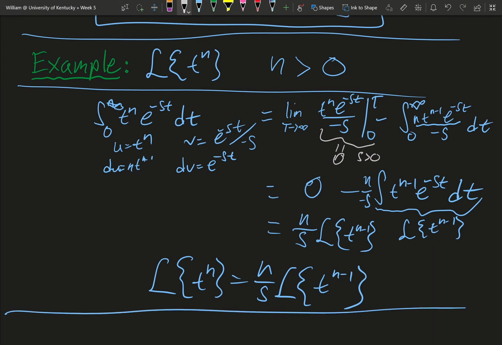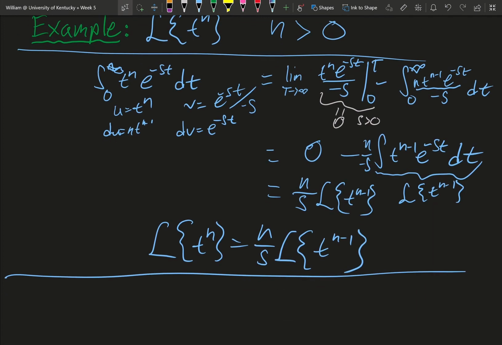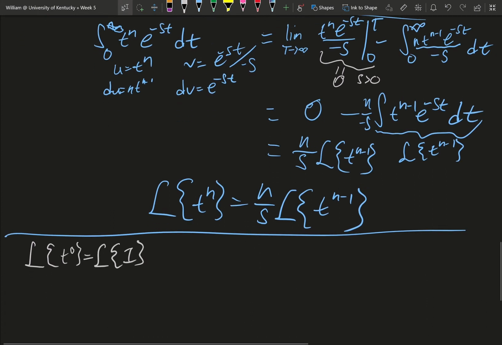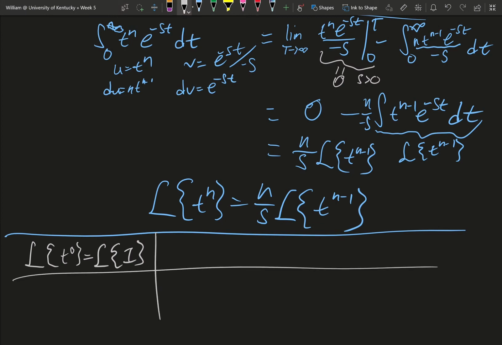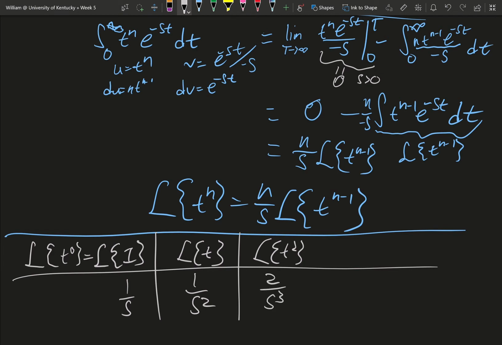Okay, so we already know a couple examples of this. Just as a separate case, if we have t to the 0th, that's the same as the Laplace transform of 1, and we know this gives us 1 over s. Similarly, the Laplace transform of t is 1 over s squared. We've already seen that. The Laplace transform of t squared is 2 over s cubed.